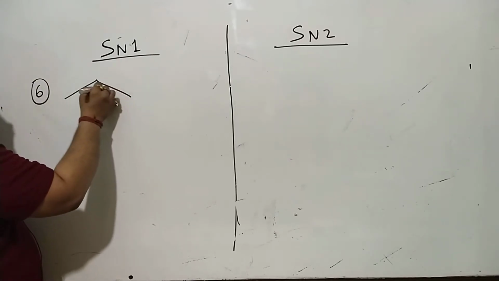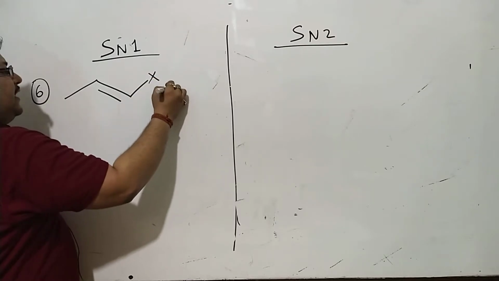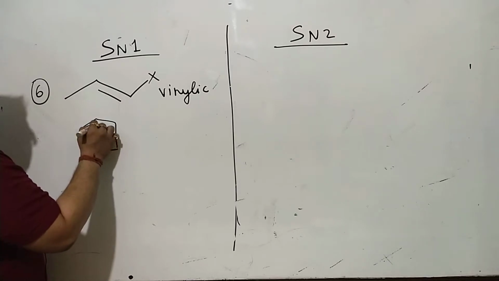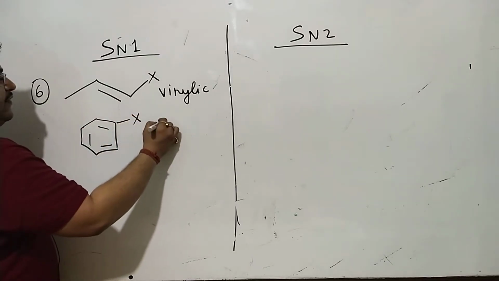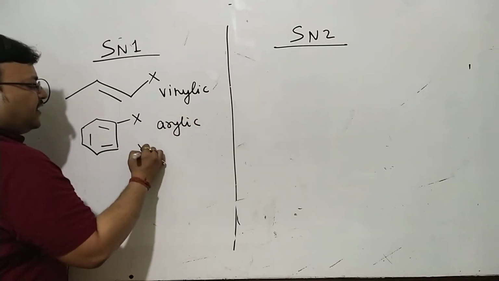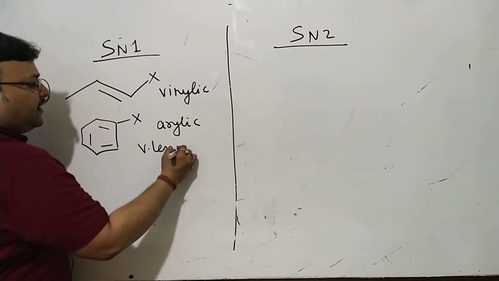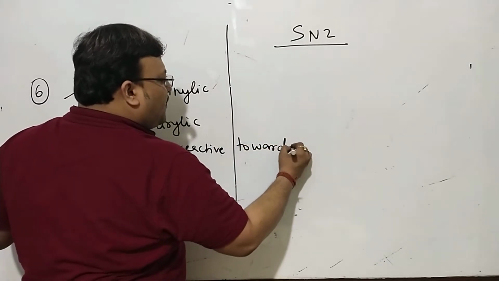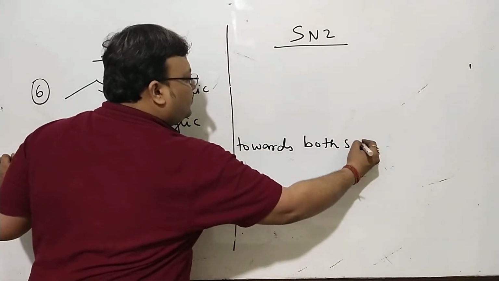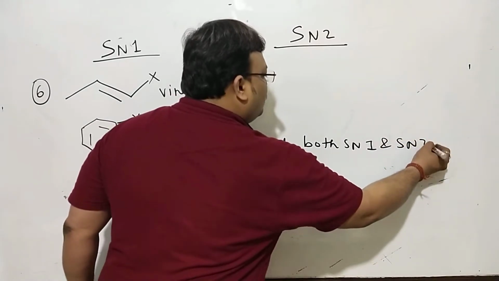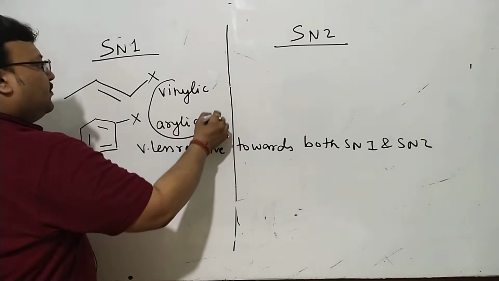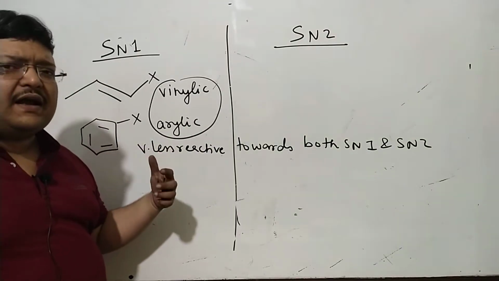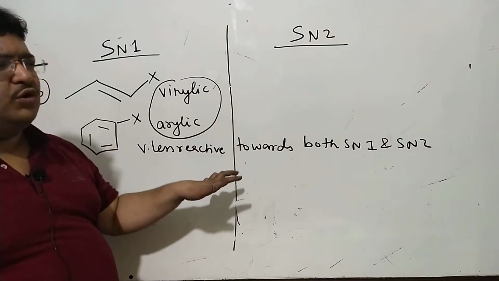This is vinylic when it's bonded to the double bond. What is arylic? When it's bonded to the ring. So vinylic, arylic are very less reactive towards both SN1 and SN2. Although we are conducting a comparative analysis, this point is common to both of them.